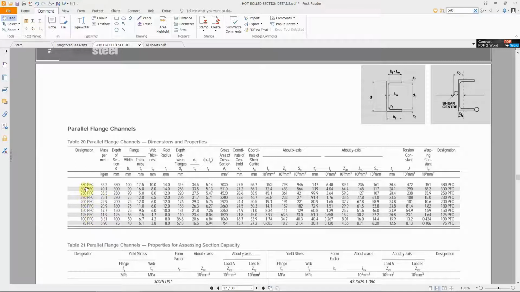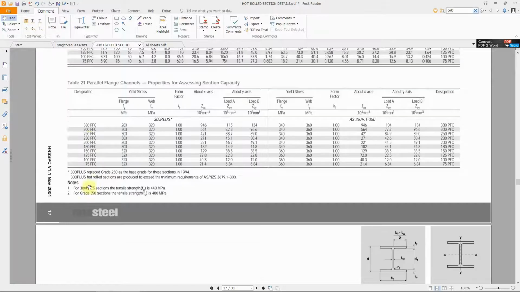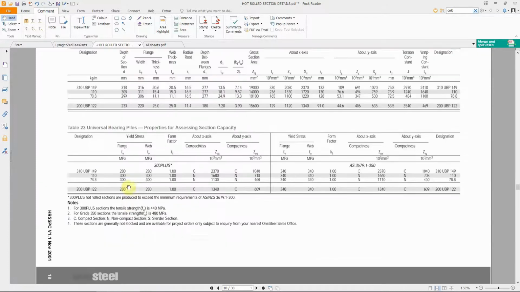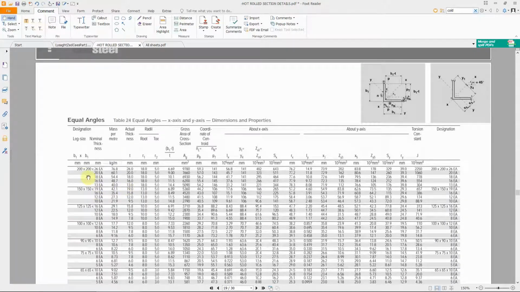So for parallel flange channels, we usually just specify the size. That means this is a 380 deep. The depth is the important parameter for us. That's a 380 millimeter deep parallel flange channel.